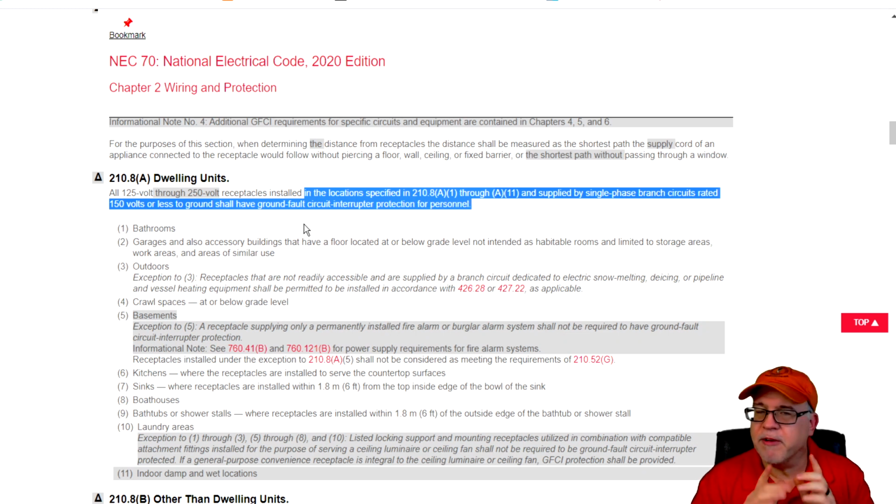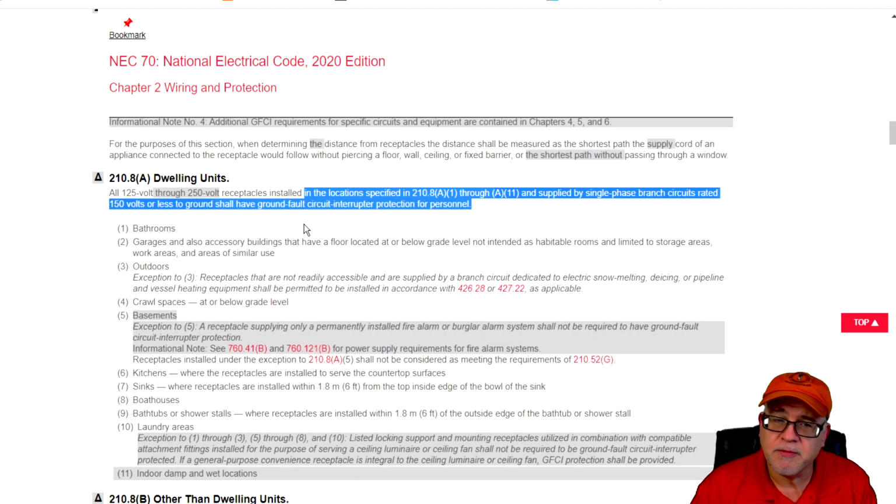So we are very much talking about 125 volt receptacles, your normal 15, 20 amp receptacles. They're usually going to be 125 volt. But again, what we're encompassing here is even those 30 amp receptacles, okay? Even those 50 amp receptacles, okay, are encompassed by this application here, all right?